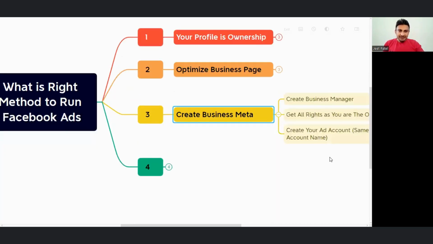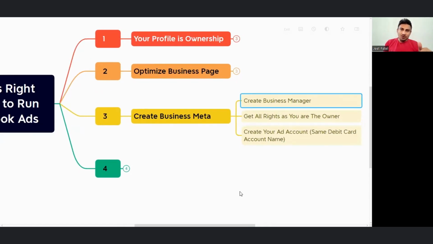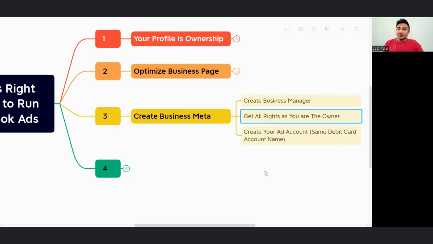These are the three steps. Create a business manager. When you go to Meta Business Suite, there is an option to create a business manager. You can create that business manager using Meta Business Suite, and get all rights as you are the owner.